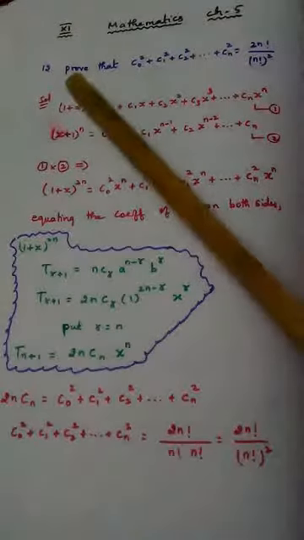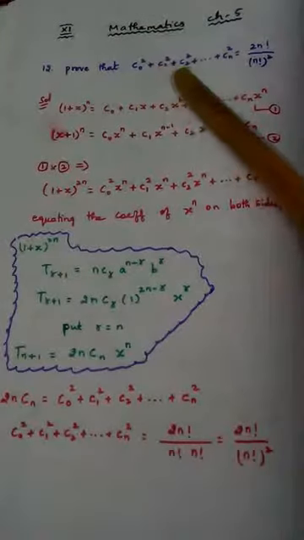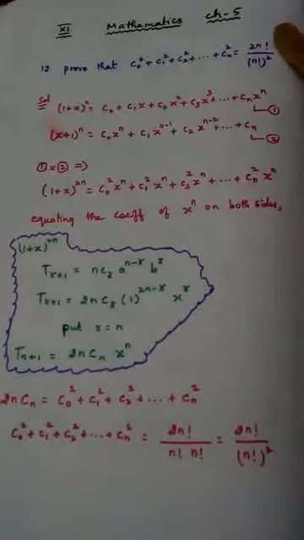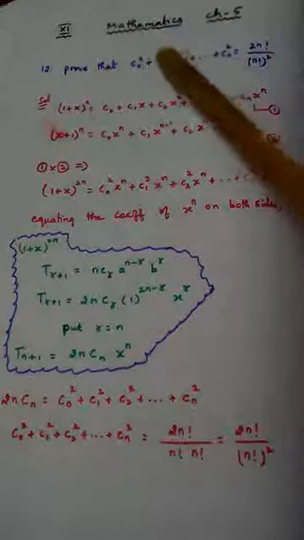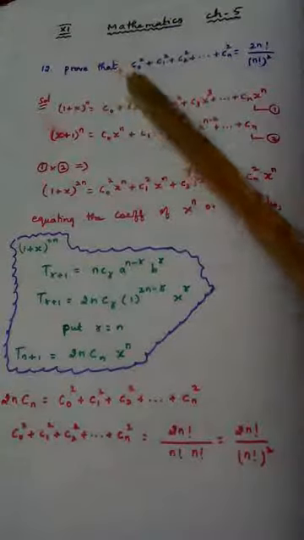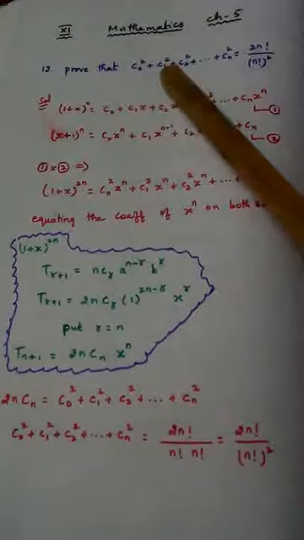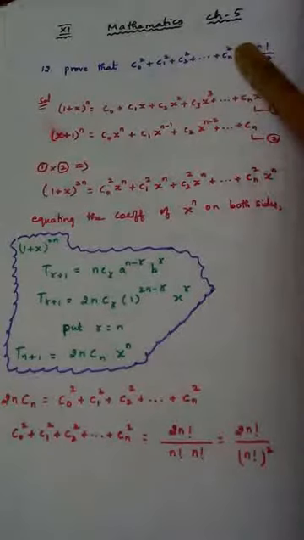Problem number 12. Prove that c0 square plus c1 square plus c2 square plus etc. cn square is equal to 2n factorial by n factorial whole square. This is the result that we need to prove. In this we have to understand that c0 means nc0, c1 means nc1, that is combination, c2 means nc2, cn means ncn.